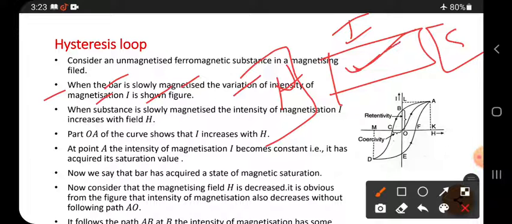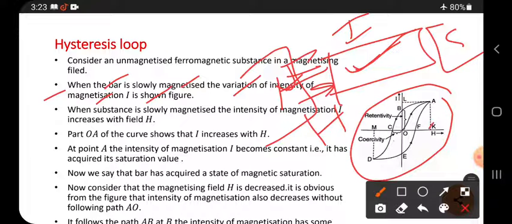When we increase the I value slowly, we apply a magnetic field; here the applied magnetic field is H. That is why the graph is drawn between H and I only. H is called the magnetizing field or magnetizing force. I is the intensity of magnetization.